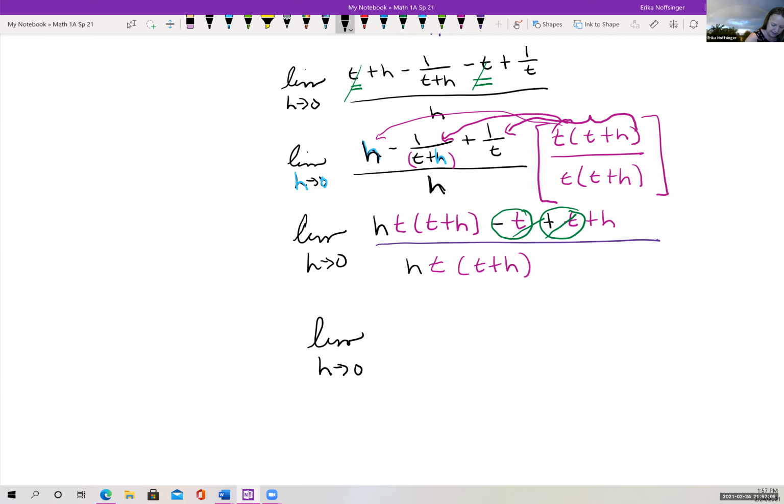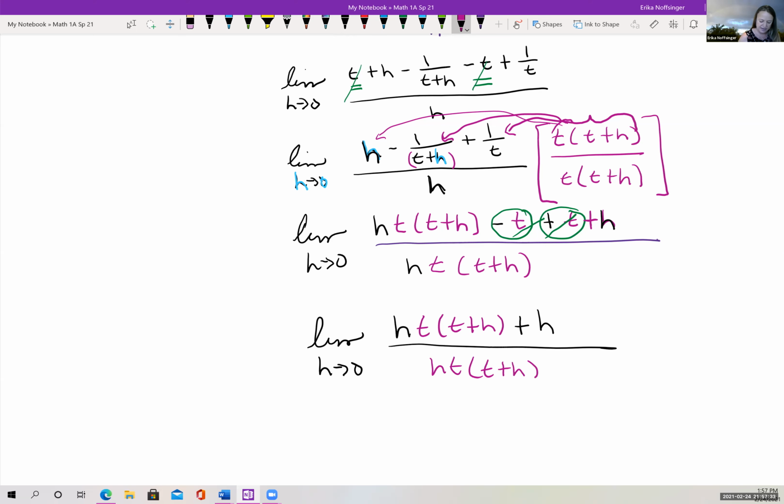This is h times the quantity t times the quantity t plus h, plus this h, all over ht times the quantity t plus h. Technically, we could either factor out this h here, or distribute this ht to each term and then factor out the h. Either way, we're going to get the same result.